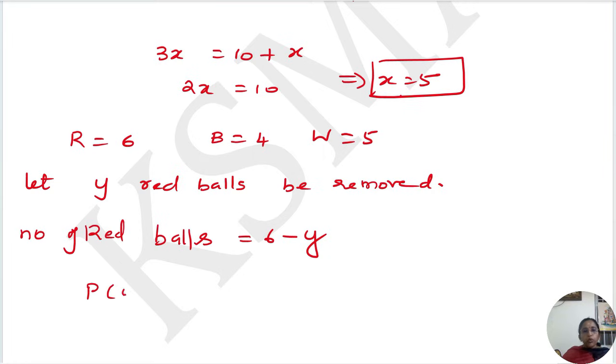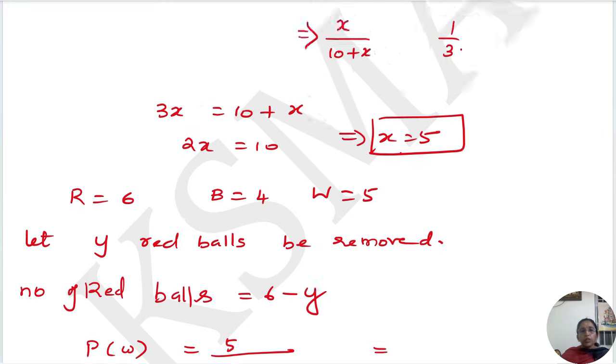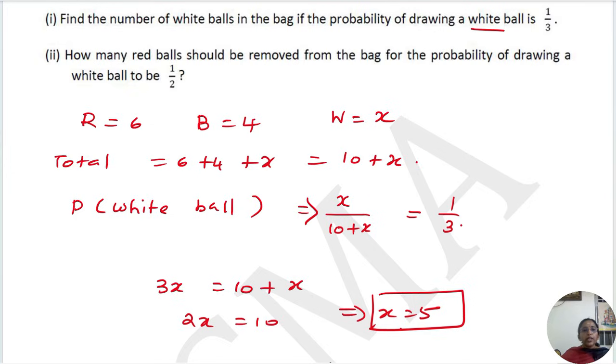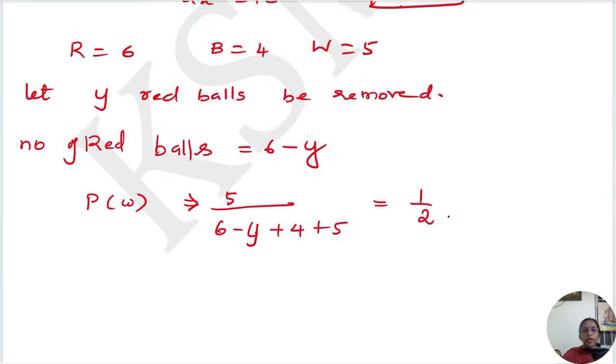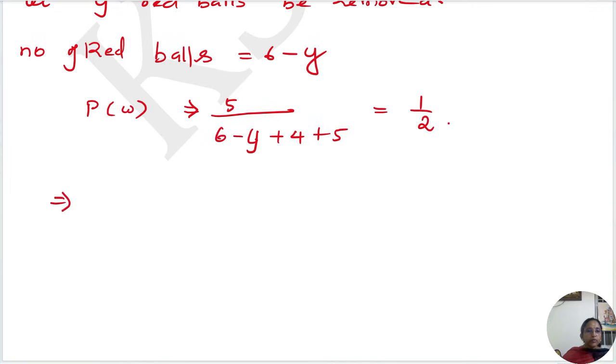So probability of white is 5 and our total value is, for the red, 6 minus y plus 4 plus 5. And this will be equal to 1 by 2, it is given in the problem. So you can equate your value. So 5 divided by 15 minus y is equal to 1 by 2.